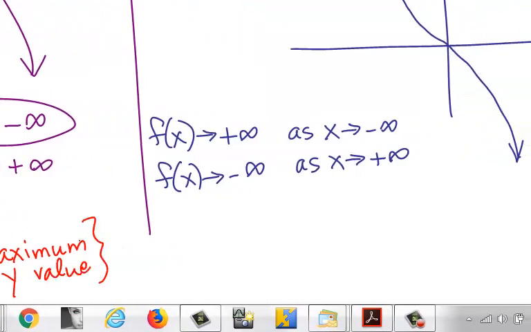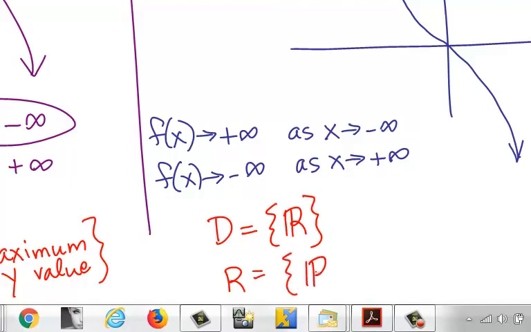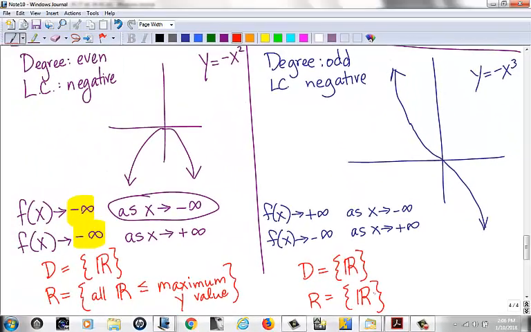So on this particular graph, it would be all real numbers less than or equal to 0. Okay, and then this last one, domain is, and are we leaving out any? No. So if it's an odd degree, they're both all real numbers.